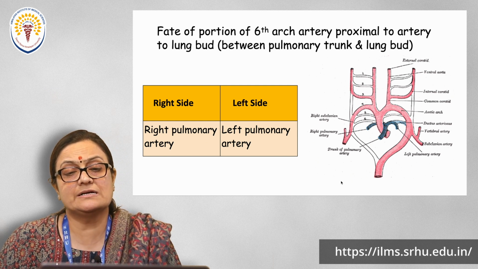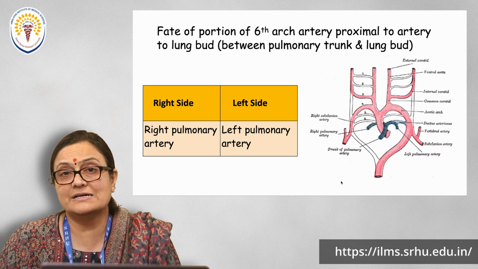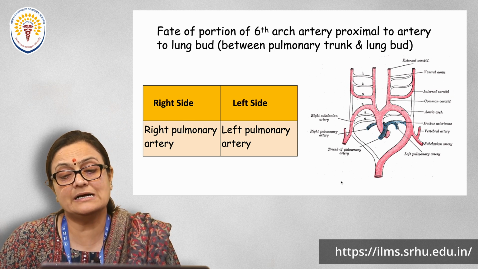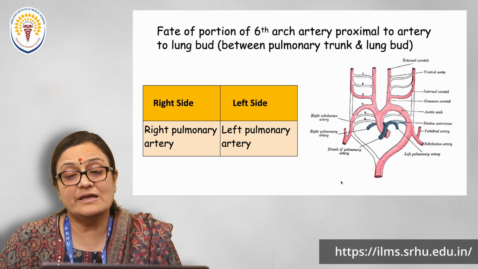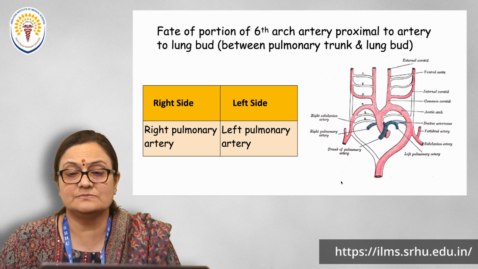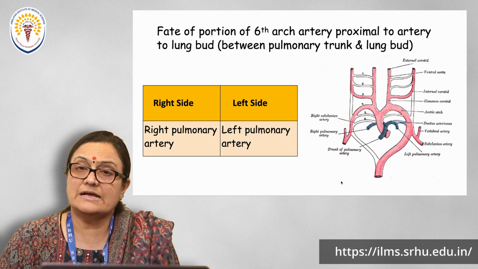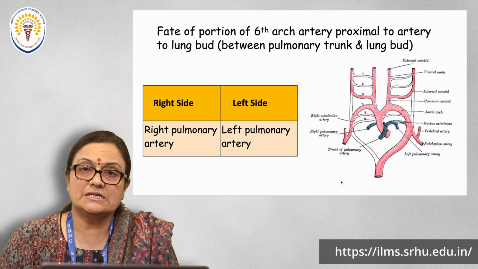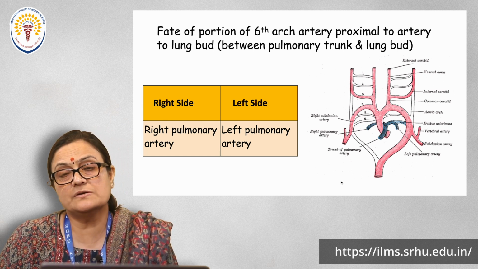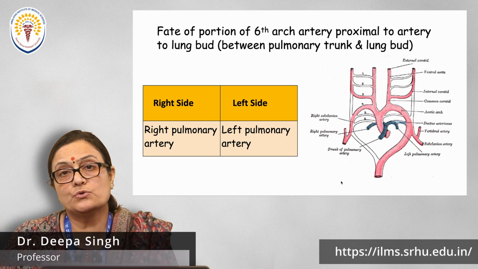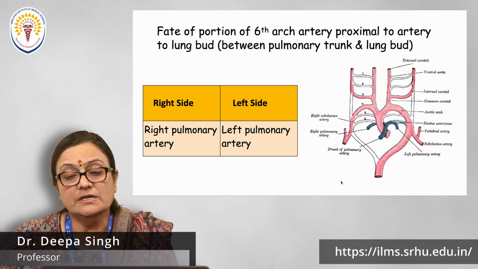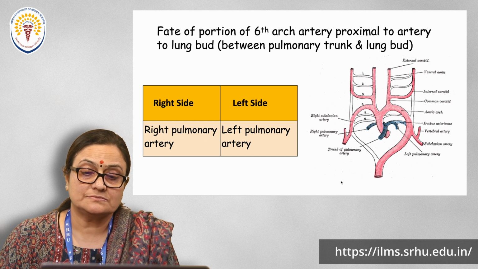So, actually this part is lying between the pulmonary trunk and the lung bud artery. The lung bud artery we have already seen; where is this pulmonary trunk coming from? Because, as we said, this initial part, the aortic sac, has also divided. So, in this lower part we will now have two arteries, the ascending aorta and the pulmonary trunk.